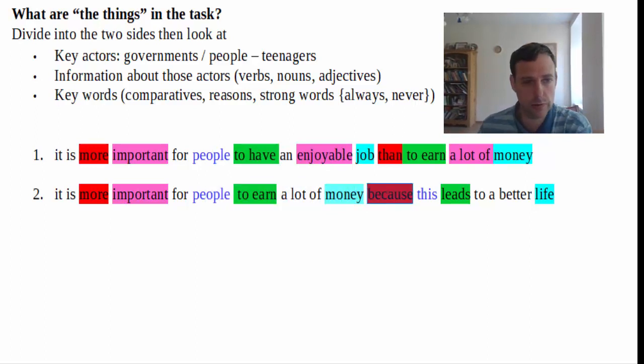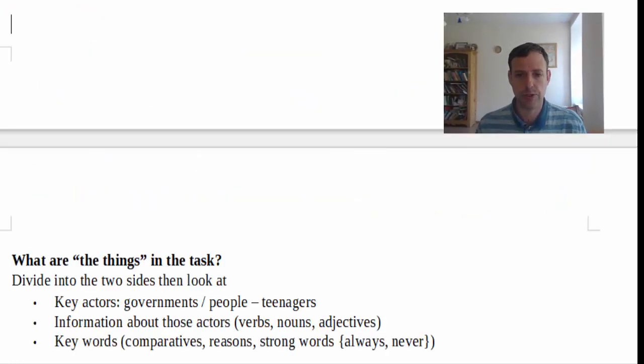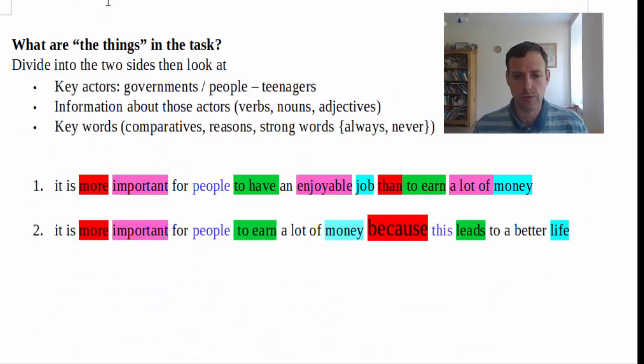I'll make that a bigger word. It's interesting that this one has a reason, but this one doesn't have a reason. That's why these keywords are so important. So when you talk about point number one, you can give your own reasons. But in point number two, you actually have to give reasons connected to this leads to a better life.